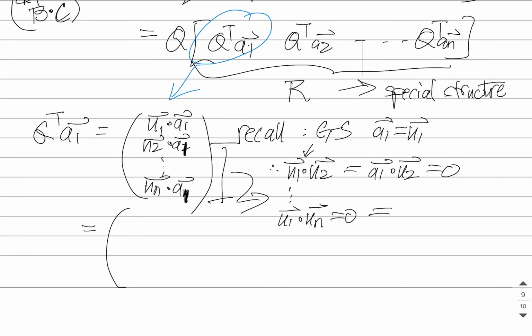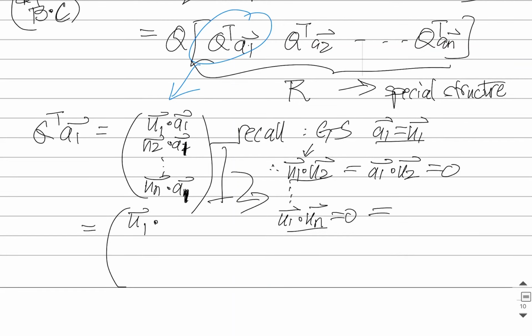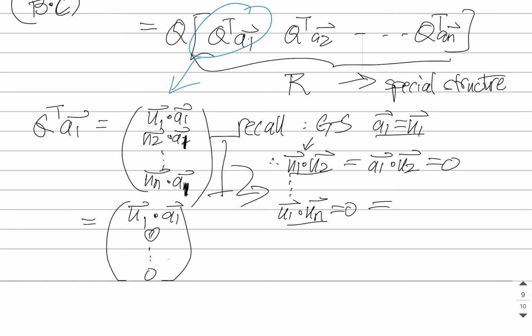Because the whole important idea here is that A1 is orthogonal to all of those other vectors. You pick A1 to be the first one in your orthogonal basis. It doesn't matter if it has the same length or not, its direction is important. So what's going to happen here is that we will get zeros everywhere down there.